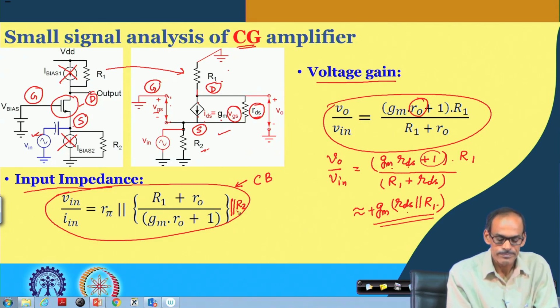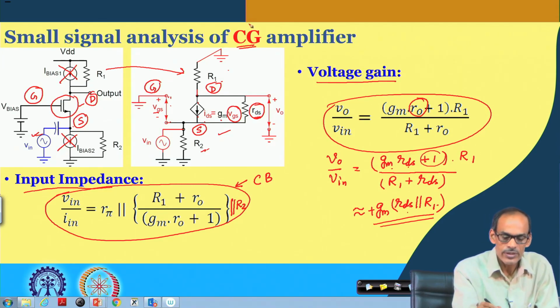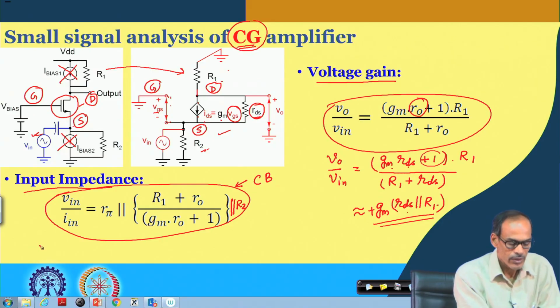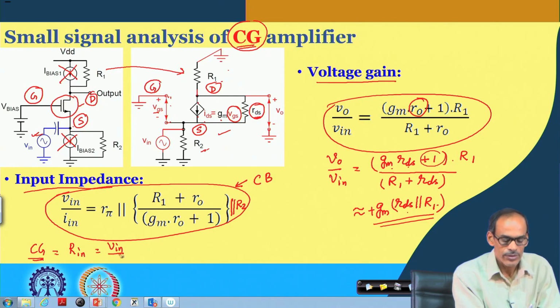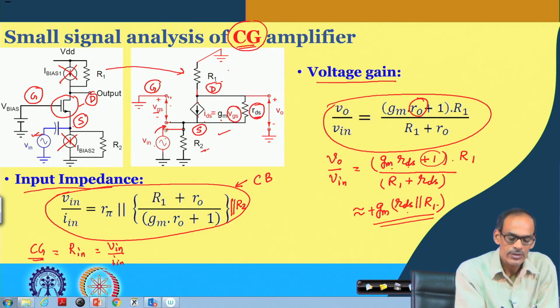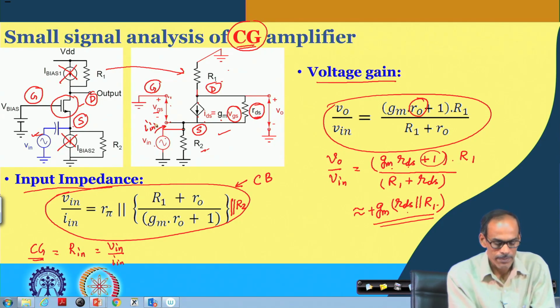Now, if I consider the common gate circuit configuration, the input resistance R in is defined by V in divided by I in, where V in we are applying here, and the corresponding current here we call I in.